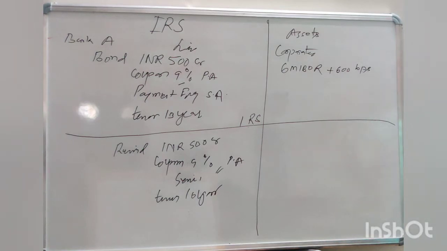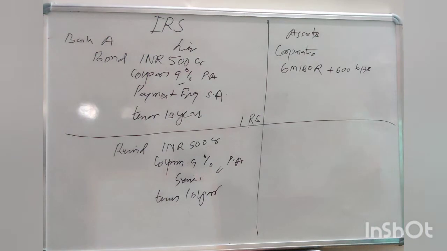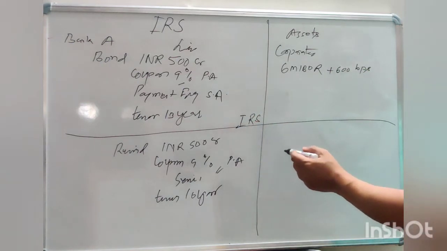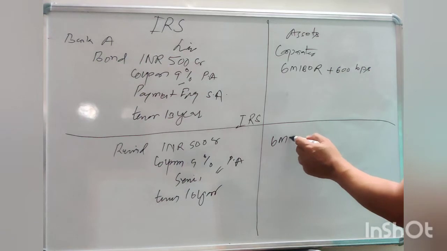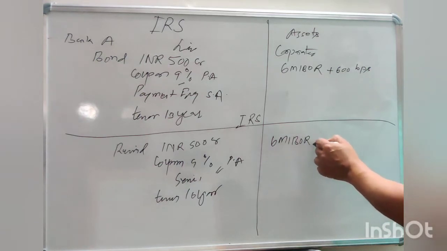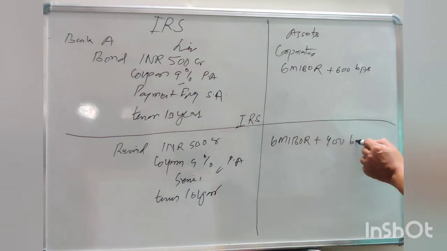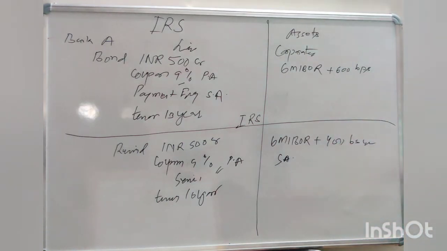And in return, because the bank has a good rating and their creditworthiness is high, the IRS counterparty says, okay, you pay me the floating rate, let's say 6 month MIBOR plus 400 bps, on semi-annual basis.